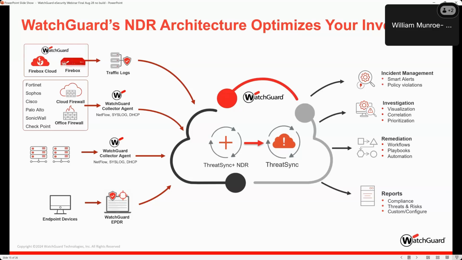It's going to correlate that data. It's going to look for the real attacks that are occurring in that environment. And then it's going to send you alerts around incidents. We call them smart alerts. I'll show you one. It's going to give you the tools you need to visualize that attack and do a correlation, and then work with Threatsync to do remediation. It also comes with a really powerful reporting package, which I'll go into.